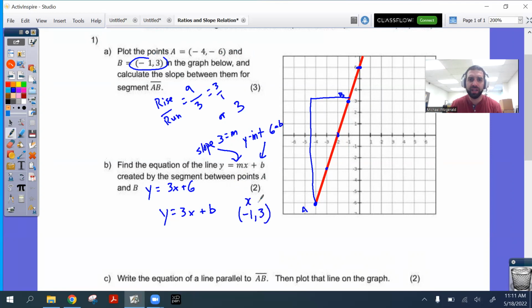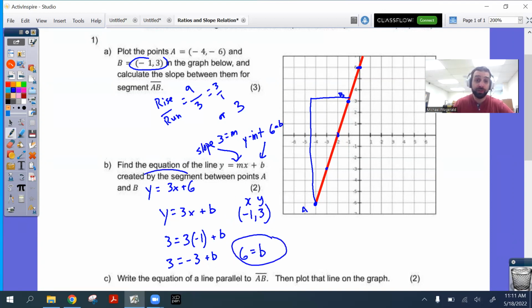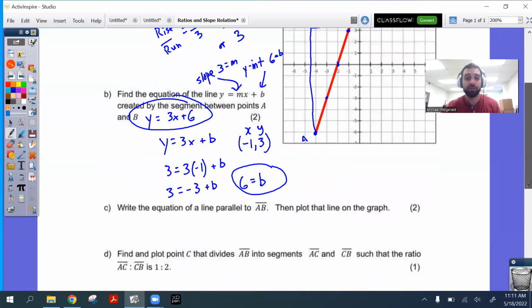Let's plug that in for x and y. So in this case, 3 will be equal to 3 times -1 plus b. Well, that means 3 is equal to -3 plus b. So when we add 3 to both sides, we get 6 is equal to b. So that's another way of getting 6 as our y-intercept. That's what our equation would look like. All we need is the slope and the y-intercept.